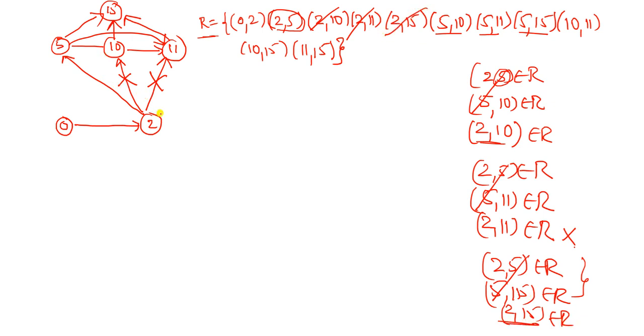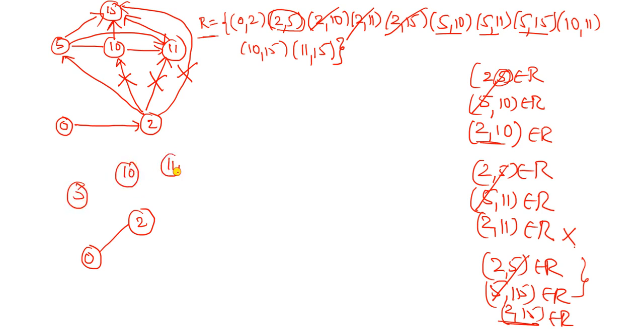So after this, what we will get: 0, 2, 5, 10, 11, and 15 here. 2, 5 is existing, 2, 10 is not existing, we have to remove it. So here we have to remove 2, 10, 2, 11, 2, 15. Only 2, 5 we have to keep.